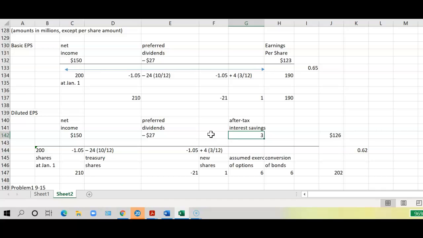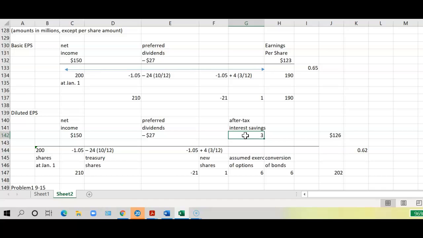So in order to do that, we need the after-tax interest savings. Well, the bonds pay 8% on $50 million. So that's $4 million. To calculate that, you would take the 50 million times the 8%, and we want that net of tax.